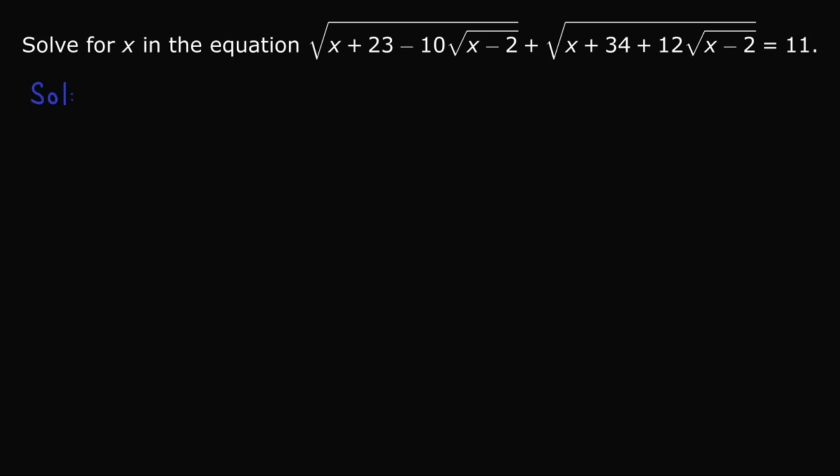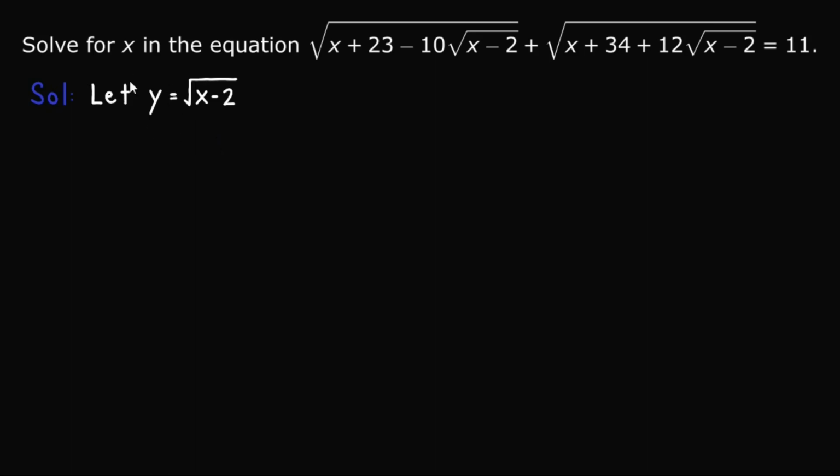To solve this one, because it's not really nice to have a radical inside a radical, we can let y be the square root of x minus 2. We do this to remove this one out here, and from this we can obtain x.